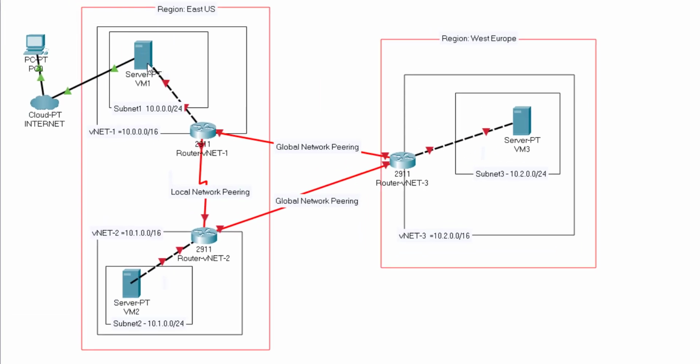We can see VM1 and VM2 in East US and VM3 in West Europe. So we've successfully been able to set up the virtual machine servers, and we place them in their individual virtual networks and regions, as you can see here.